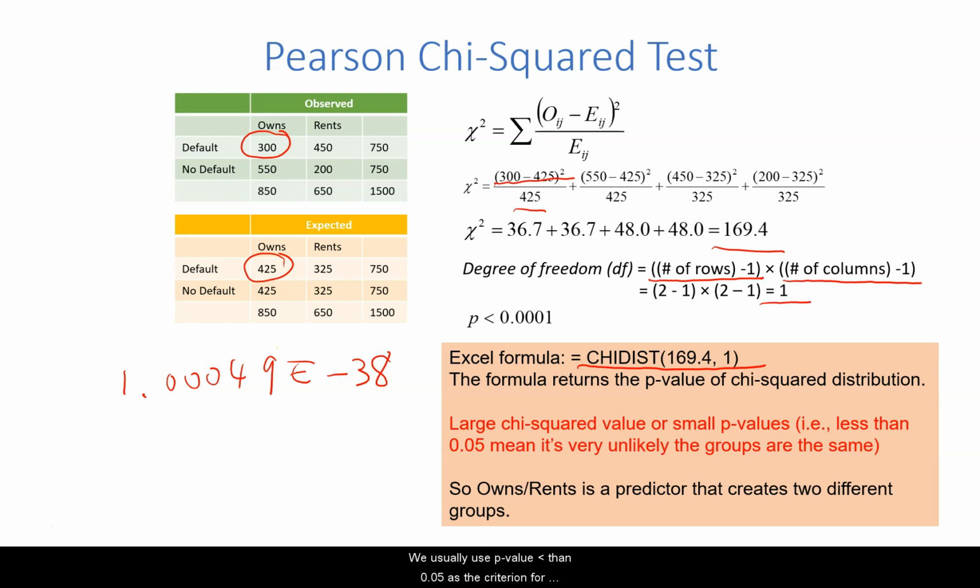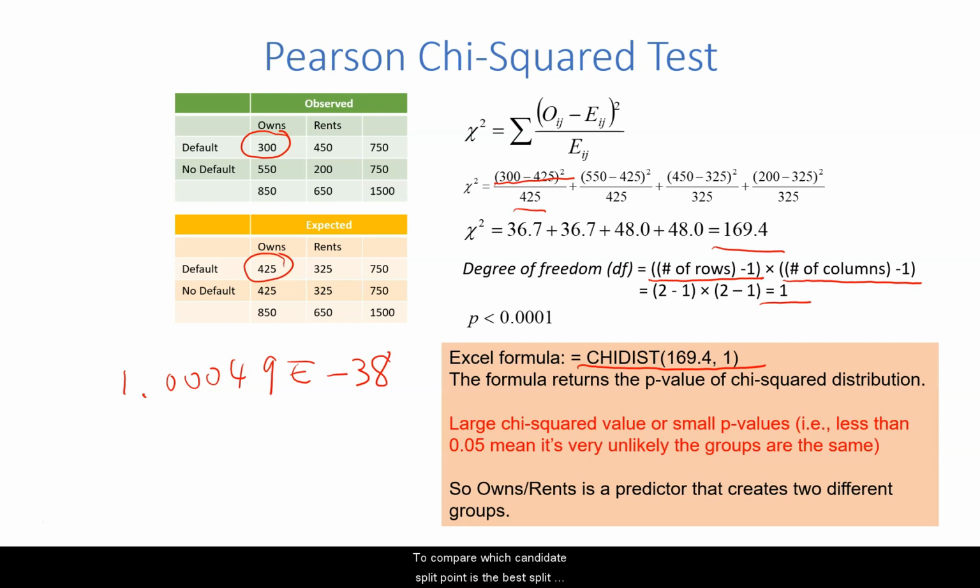We usually use a p-value less than 0.05 as the criterion for statistical significance. Therefore, the very small p-value shows that the frequency values in the observed table are significantly different from those of the expected table. This means that home ownership is a predictor that creates 2 different groups in terms of loan default. Therefore, it is a split that will lead to purer subsets.